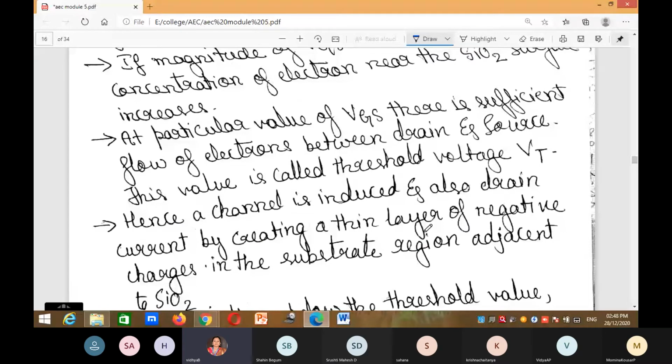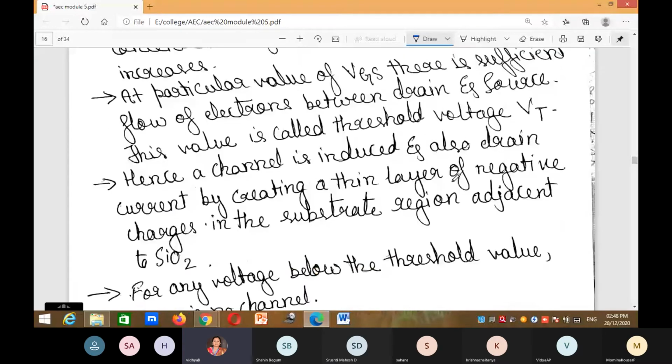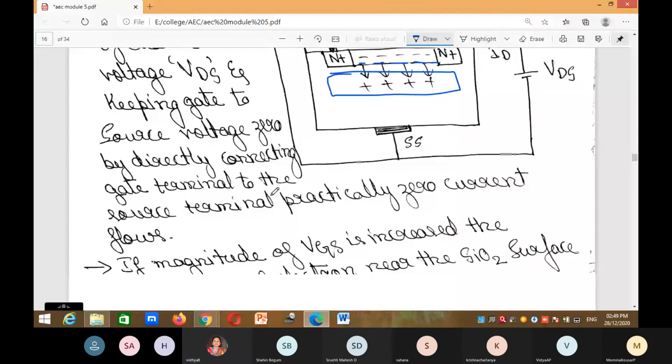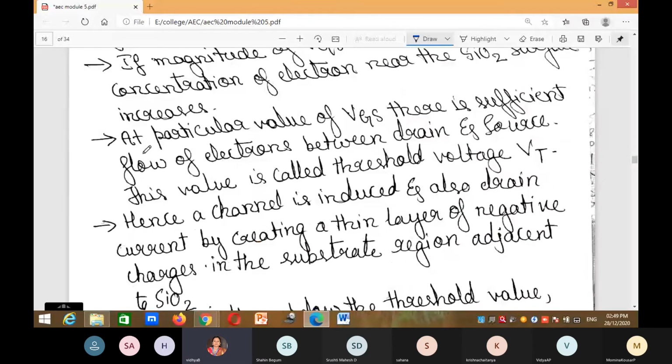Hence, a channel is induced and also drain current, by creating a thin layer of negative charges in the substrate region adjacent to SiO2. You can observe that at the start the channel was not there.